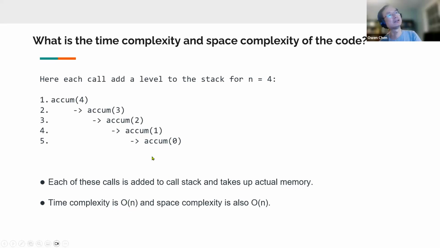But in terms of the space complexity, you need to store the value of accum 0, then return, and then return the next, and return the next. So you also have 5 elements that you need to store and return. As n becomes bigger, the space also becomes bigger. So the space complexity is also O(n).